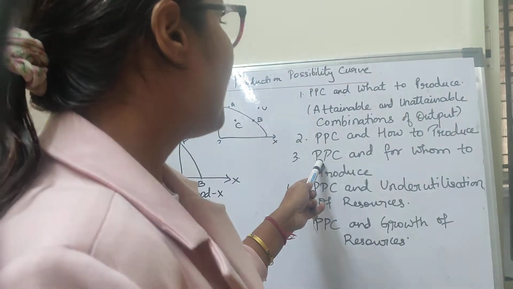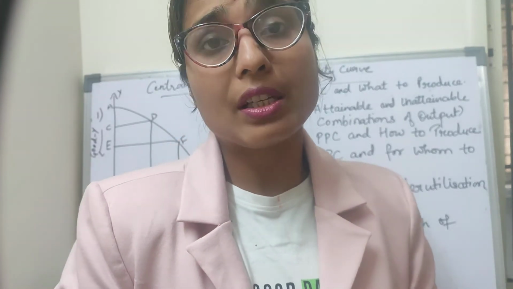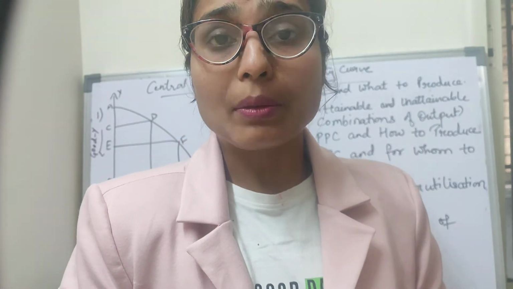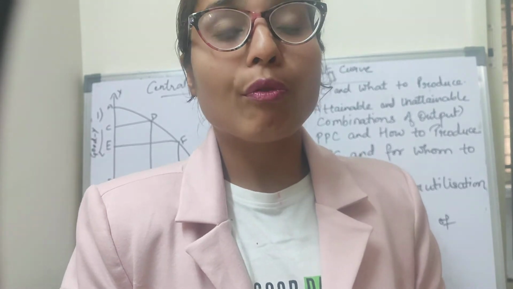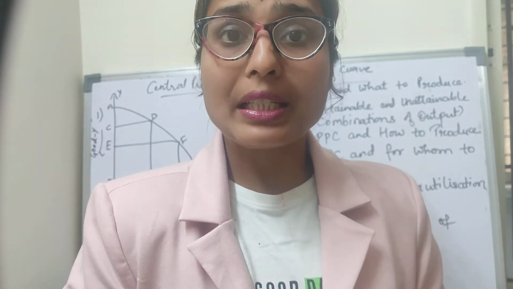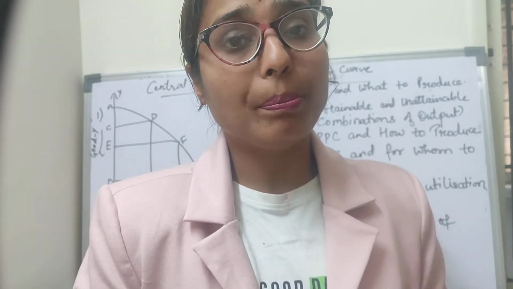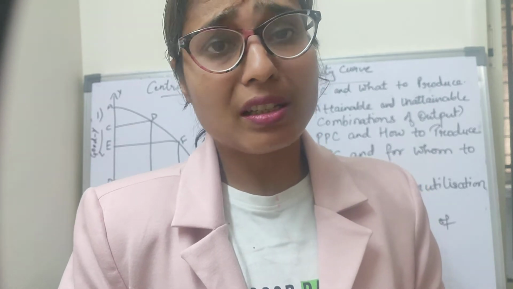The third point is PPC and for whom to produce. For whom to produce is essentially a problem of choice. That means for whom to produce, for the richer sections or for the poorer sections. If the economy decides to produce for the richer sections, then the poor people will be deprived and face starvation.